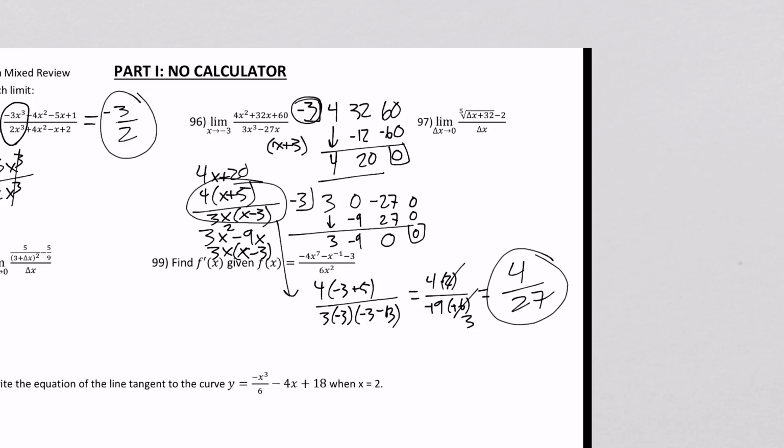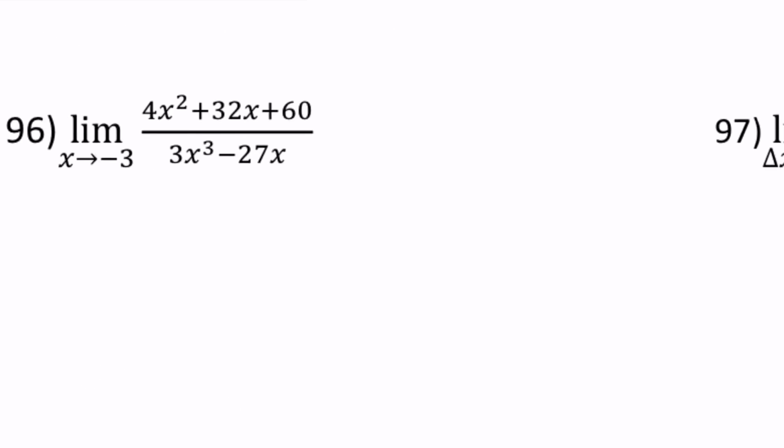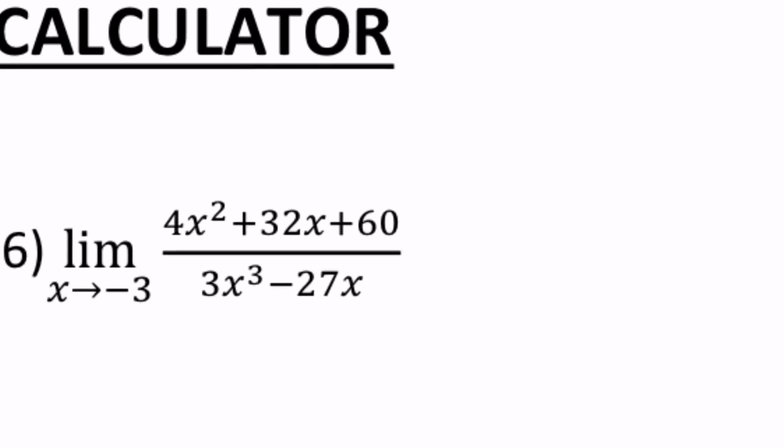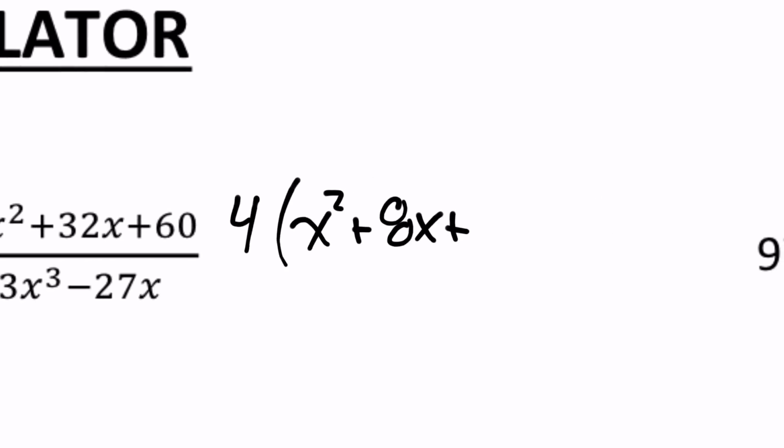What you would probably do, you could do that, but what you would probably do is you would look at this and you would factor it. So you'd factor out a 4. You'd be left with x squared plus 32 divided by 4 is 8x plus 60 divided by 4 is 15.